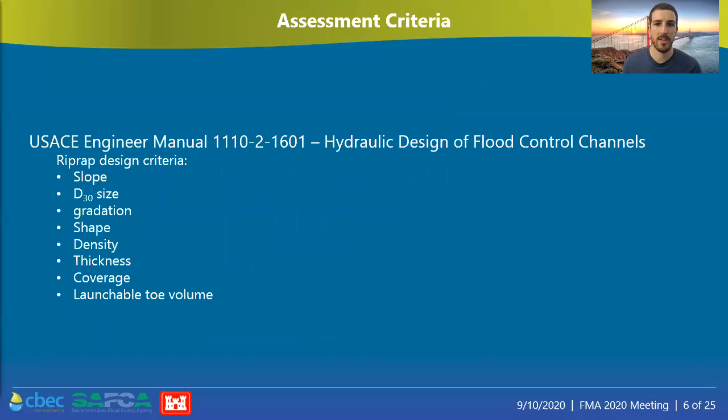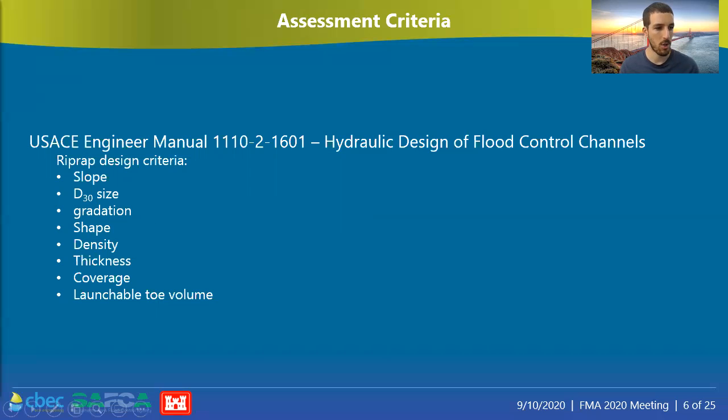So the assessment criteria that we're using to compare all this field data to is the Army Corps of Engineers Manual EN 1601, which is the hydraulic design of flood control channels. And within this document, there's riprap design criteria given for riprap slopes, the D30 size, gradation, shape, density, thickness, coverage extent, and launchable toe volumes.